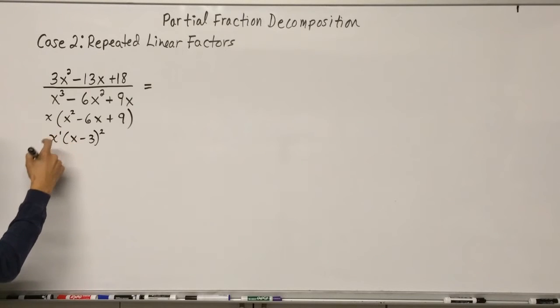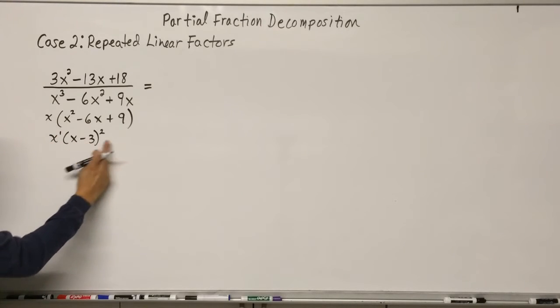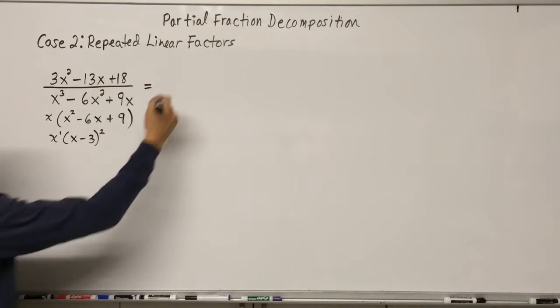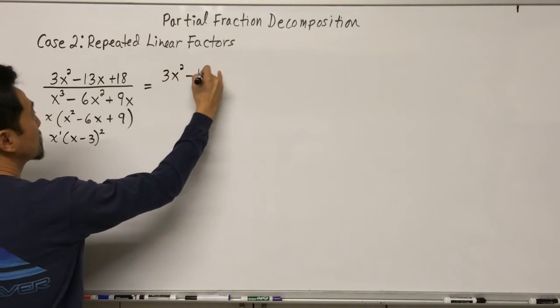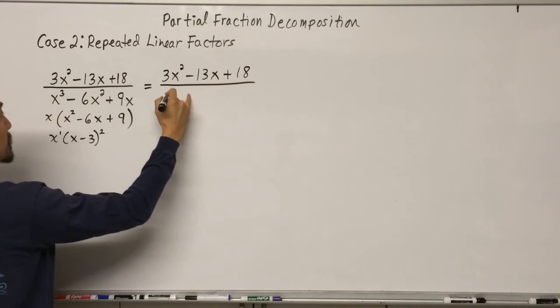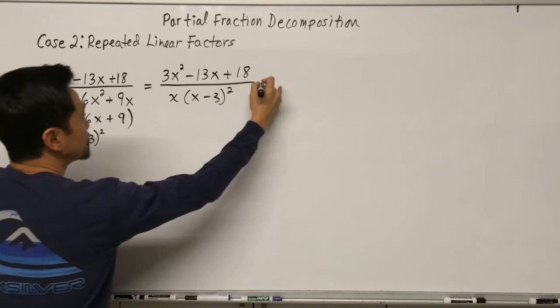It's first degree, and there's only one of the x's there. Okay? And now we've got x minus 3, which is linear, but it's raised to the second power. So we now have (3x squared minus 13x plus 18) over x times (x minus 3) squared.